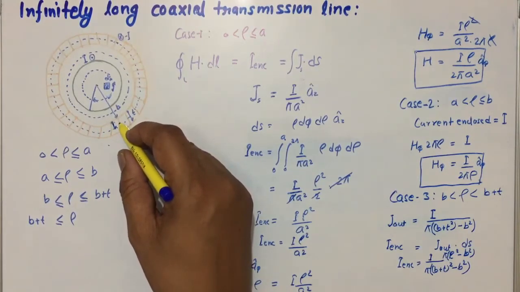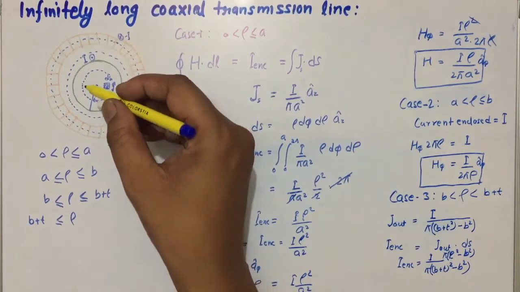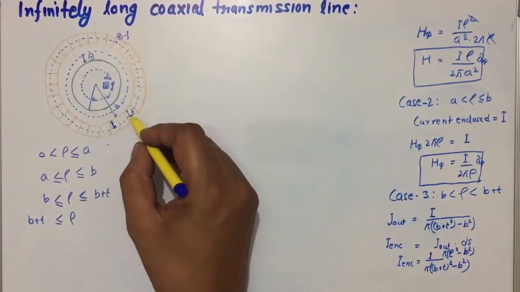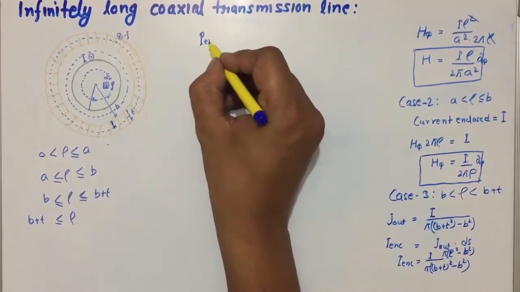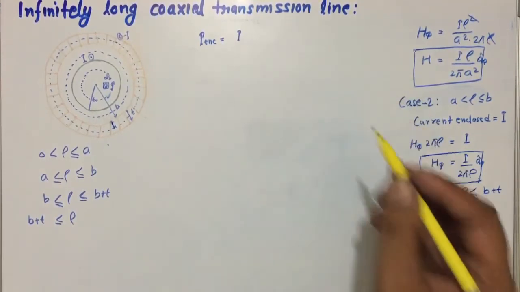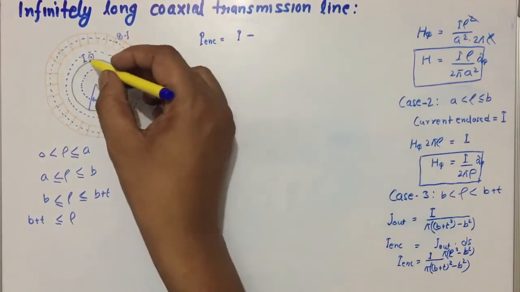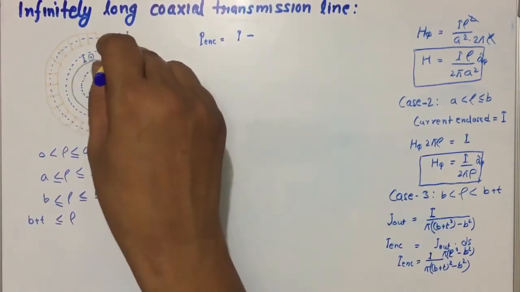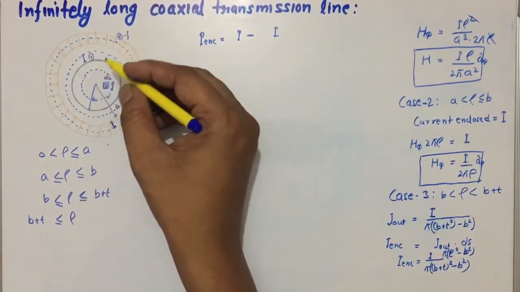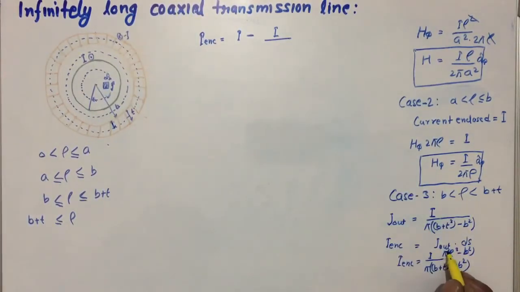Now if we find the total current enclosed, then this current plus this current will give us the total current. Now the total current enclosed by this Amperian path, I enclosed, will be the inner current, that is plus I, and the outer current, that is minus I, because this is considered as coming out, this is going in. So this current plus this current. So I, pi and pi from here can be cancelled out.